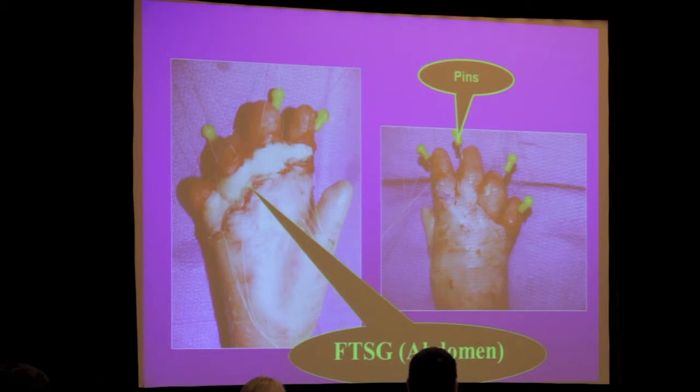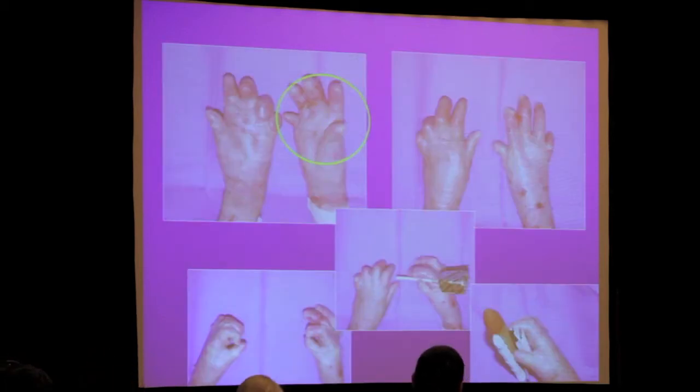Secondly, you have to apply a skin graft, and I like what's called a full thickness skin graft, which involves all layers of the skin and contracts less, and then to protect the skin graft and prevent immediate recontraction of the fingers, I use pins for 2 to 3 weeks.